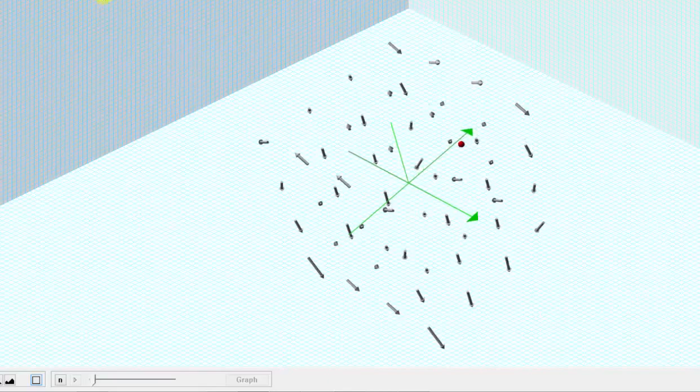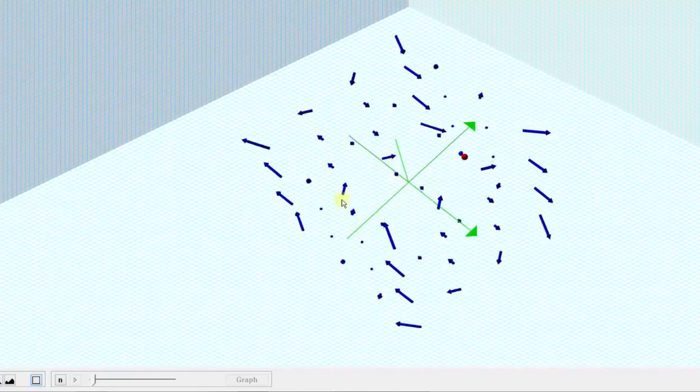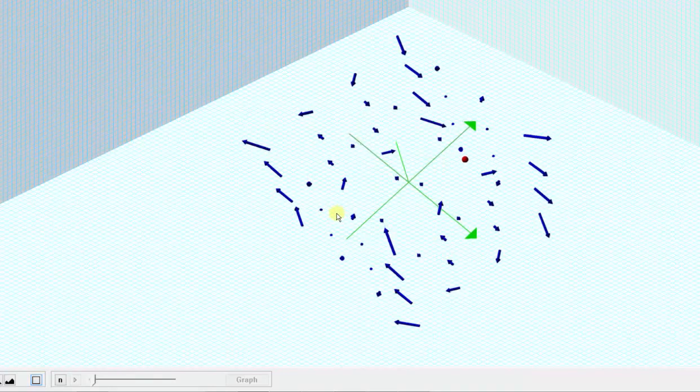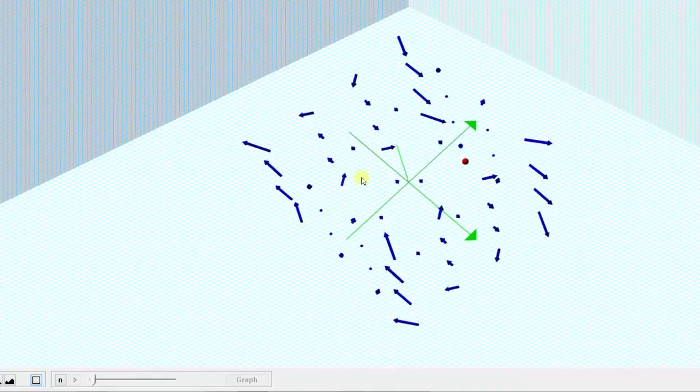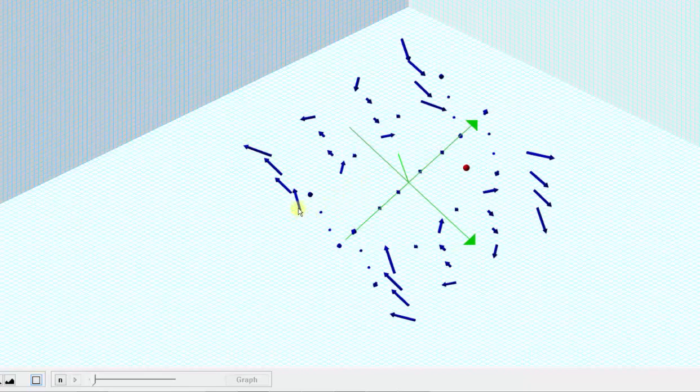And now let's look at the curl of the vector field F. So here's the curl of the vector field F, where these vectors represent the tendency of something to rotate in the fluid flow or windstorm, where the vectors line up with the axis of rotation, and the magnitude of the vectors represent how fast something would rotate in the wind or the fluid.